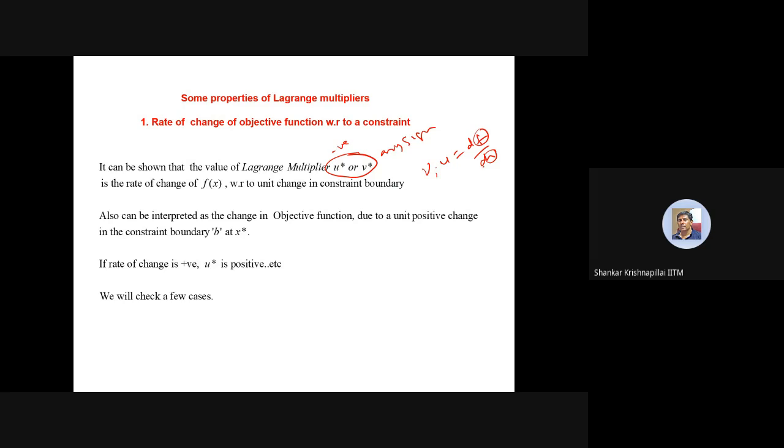If the boundary of the constraint is moved in the plus direction by 1 unit, will the objective function increase or decrease? If the rate of change is positive, u is positive. That is, if the objective function value increases when there is a unit change in the constraint, then u is positive. Otherwise, u will be negative.